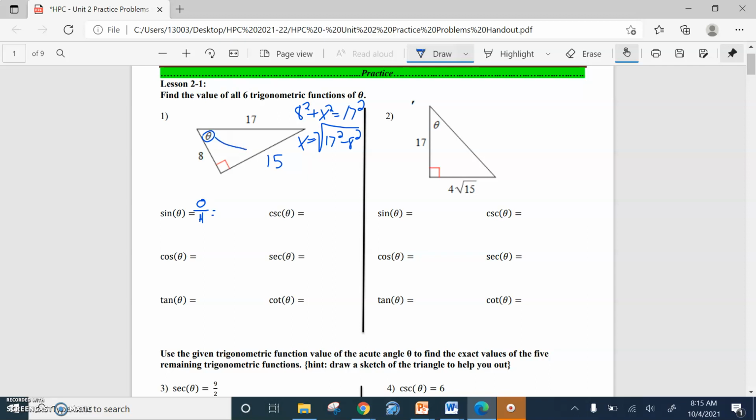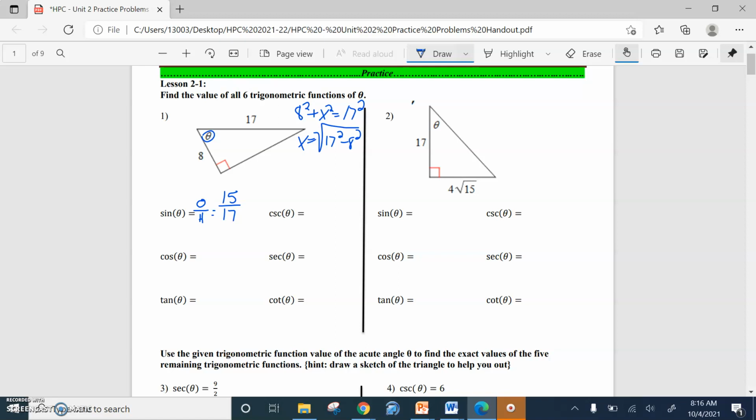Opposite of that would be straight across, that's 15. And the hypotenuse, always that longest side, is 17. I'll go down the line top to bottom because those are our 3 base trig functions.